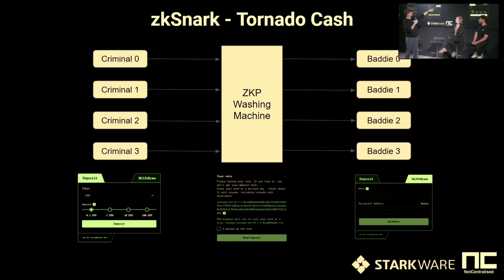Okay. So here we see that we have the note. That note is kind of like a private key. And what happens is that the user deposits the money together with a hash. And when they take out that money, what they use is not the actual note, because if they show the note, then somebody can see that criminal A1 is actually baddie 2, because you're sharing the same information.